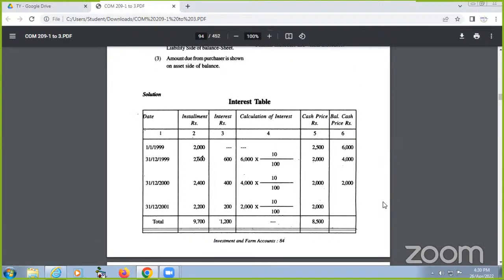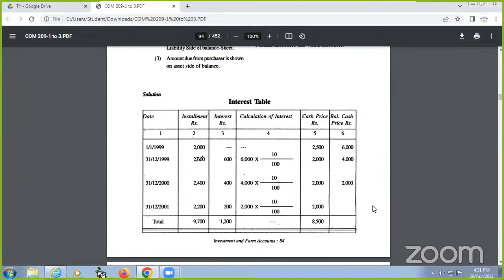So first, as usual, we make the interest table. In 2000, the cash price is 2,500 down payment, balance of cash price is 6,000, next installment 2,600. How? Because 600 is the interest. So installment plus interest is the cash price, less the down payment.